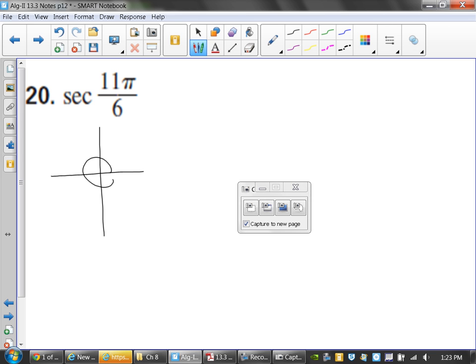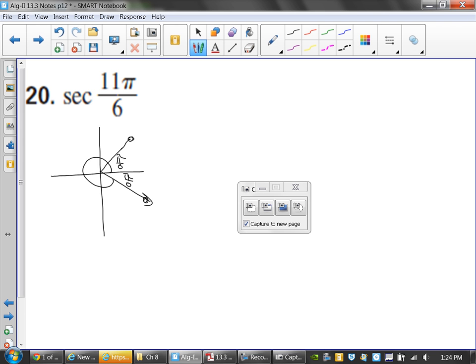Good. What's the reference angle? Very good. So let's see, pi over 6. When I'm dealing with pi over 6, which degree was that again? That was 30.